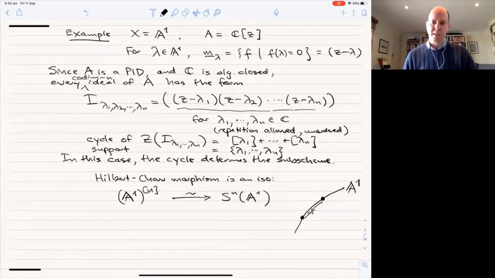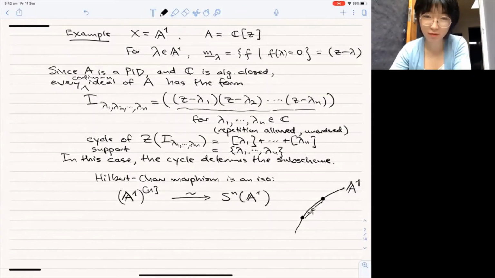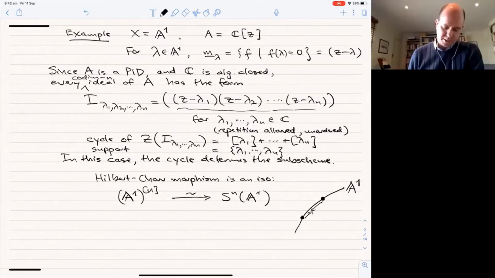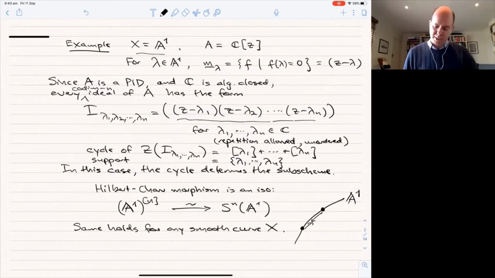So which means that for a smooth curve, the same fact should also hold. Yes, exactly. That is true. So the same holds for any smooth curve X, which means one-dimensional variety.